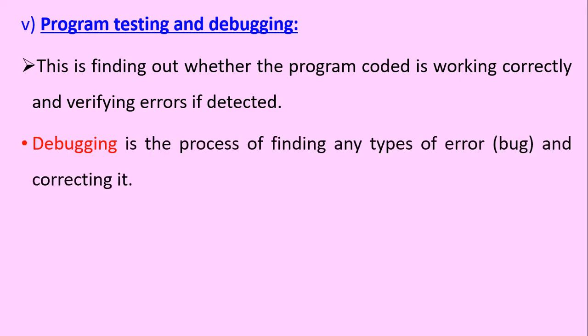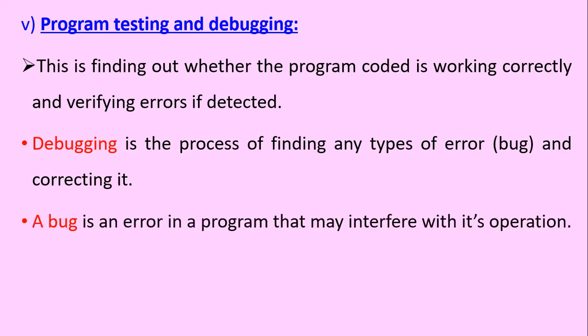Debugging is therefore the process of finding any types of error or bugs and correcting them. A bug, on the other hand, is an error in a program that may interfere with its operation.